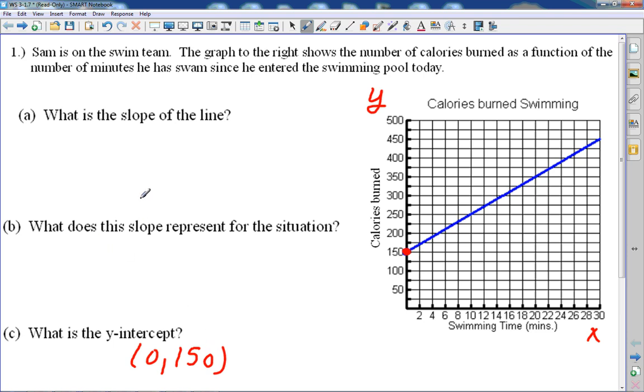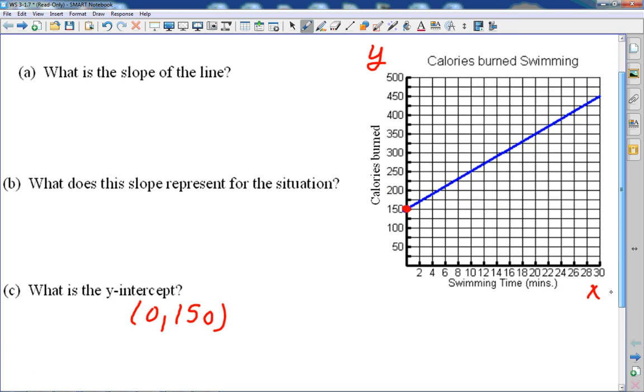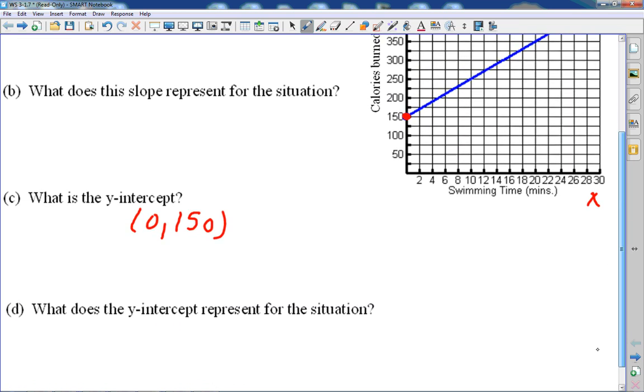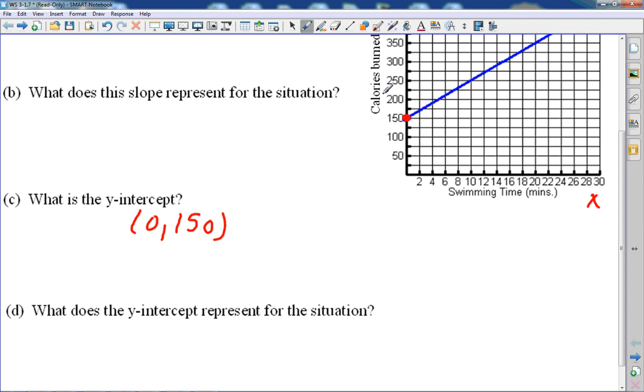Okay? Now, what it's saying is, it's talking about calories burned, and at 0 minutes, he has burned 150 calories. So, when it says, what does the situation mean or represent? Remember, this is x, this is y, this is the minutes, and the y is the calories burned.